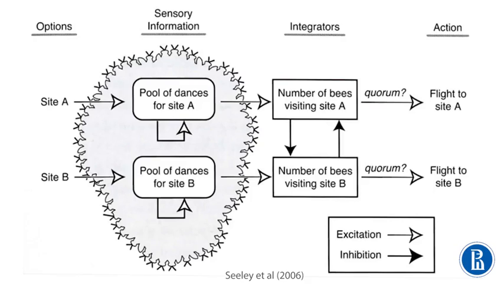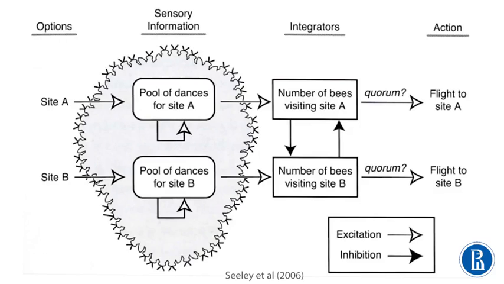In the same way, we can explain the group decision of the honeybees. There is a limited number of scouts, and they advertise and dance for a limited time. By intensive dances, they engage each other to investigate the new sites.